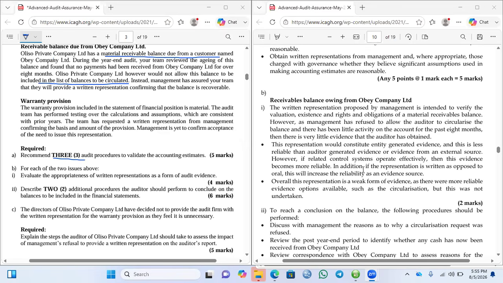In addition, if the representation is written as opposed to oral, this will increase reliability as an evidence source. Well, some people can lie even in their writing. So overall, this representation is a weak form of evidence, as there were more reliable evidence options available.